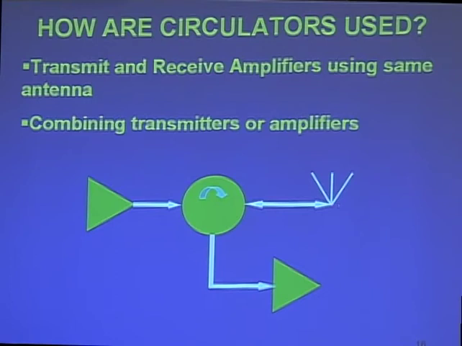And so here's the antenna, and an incoming signal will then go into the circulator, go around, keep to the left, come out, and go to the amplifier for the input signal. The transmitter on the left here, however, goes into the circulator, keeps to the left, goes out, and goes to the antenna. And so the transmitter never gets to blow up the input amplifier. That's the object of this circulator.